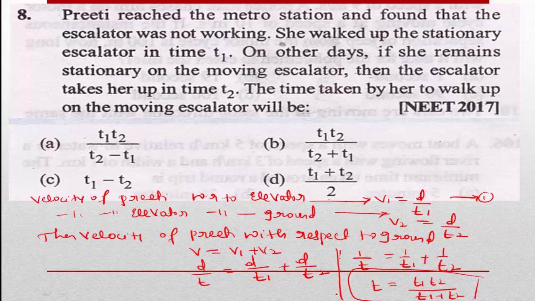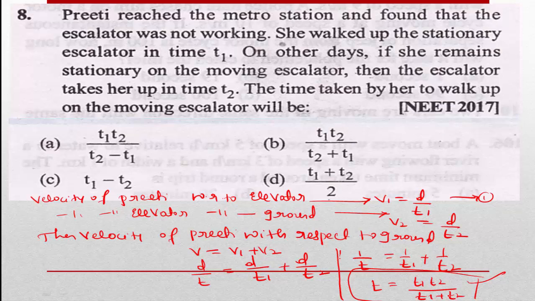This is the desired equation. The time taken by her to walk up on the moving escalator will be calculated using this formula, that is T equal to T1 into T2 divided by T1 plus T2.